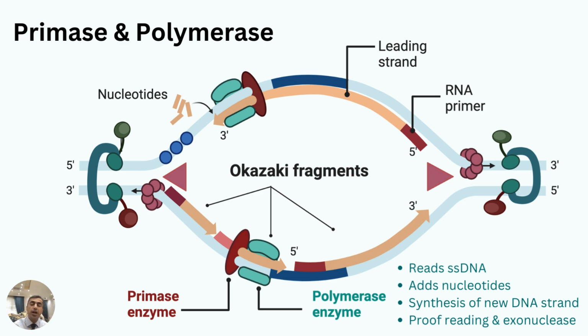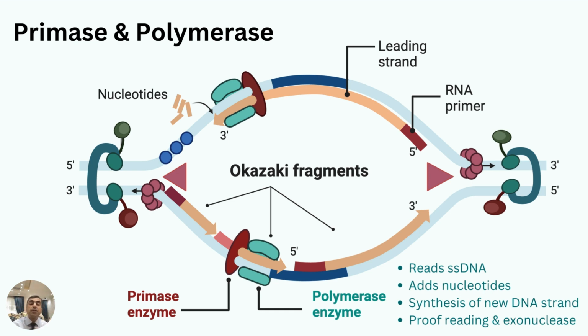So we have another enzyme called primase enzyme, which some call DNA primase or RNA primase. Primase is responsible for synthesizing a short single RNA sequence. Then after that, polymerase enzyme reads and binds with this primer and synthesizes new strands by adding new nucleotides.